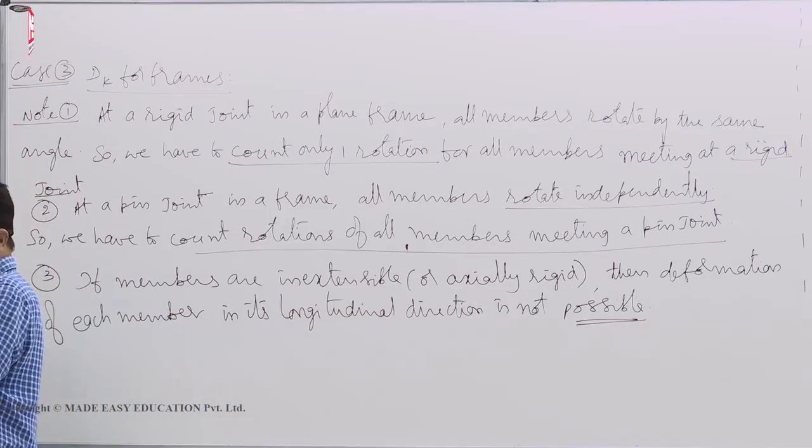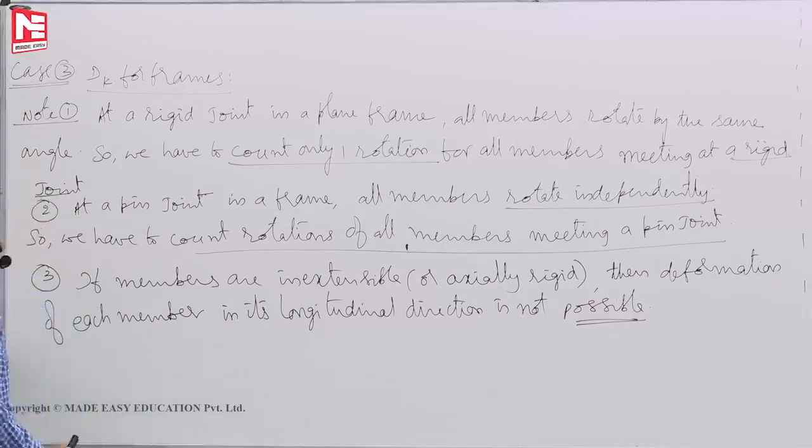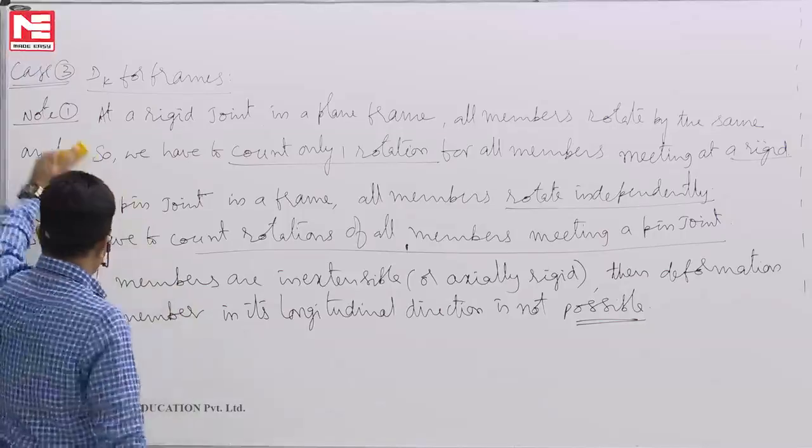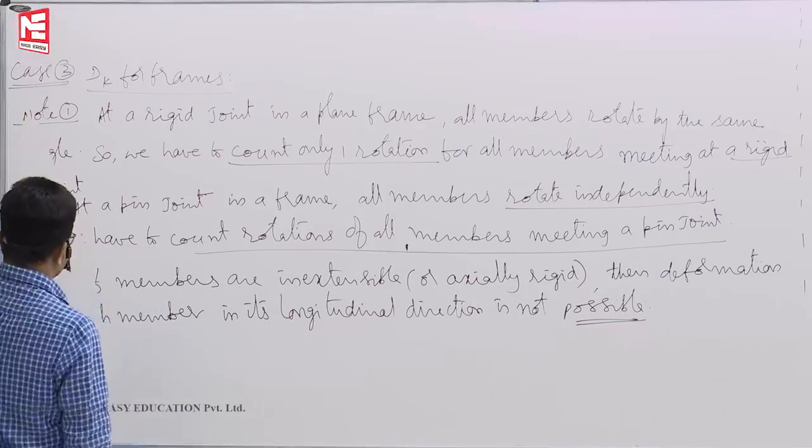Okay, with this understanding, now we will try to find the DK for the frames. These are the three considerations.